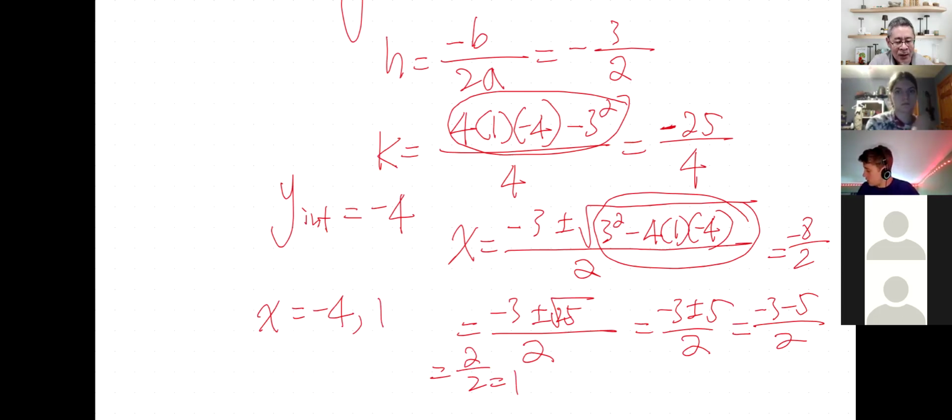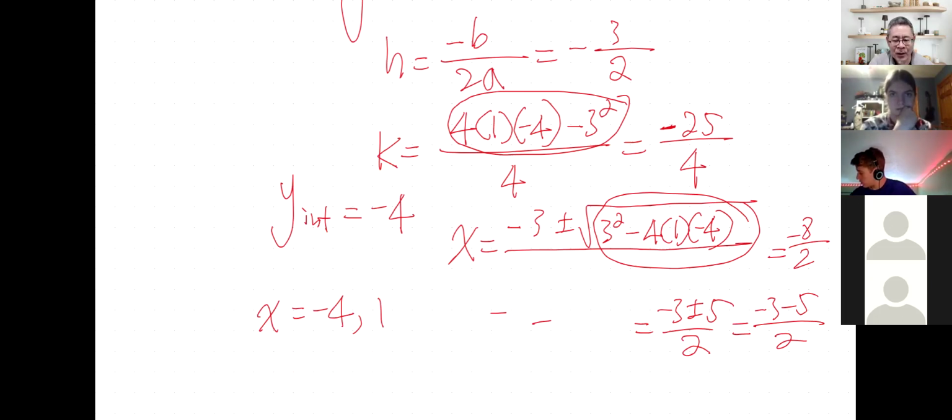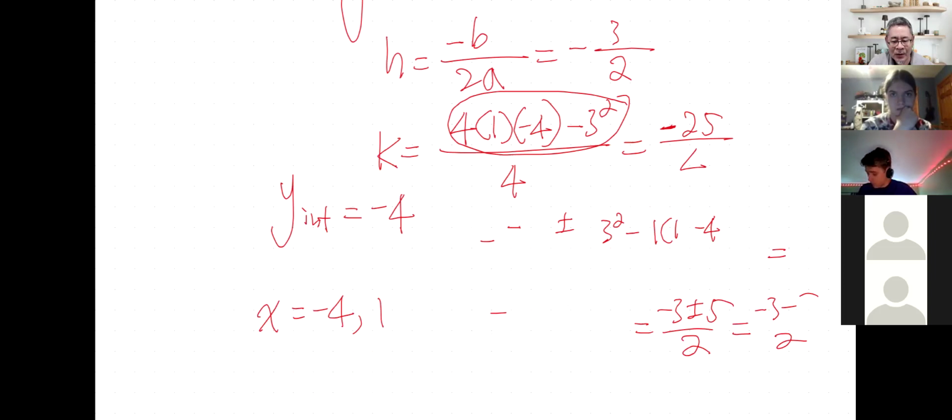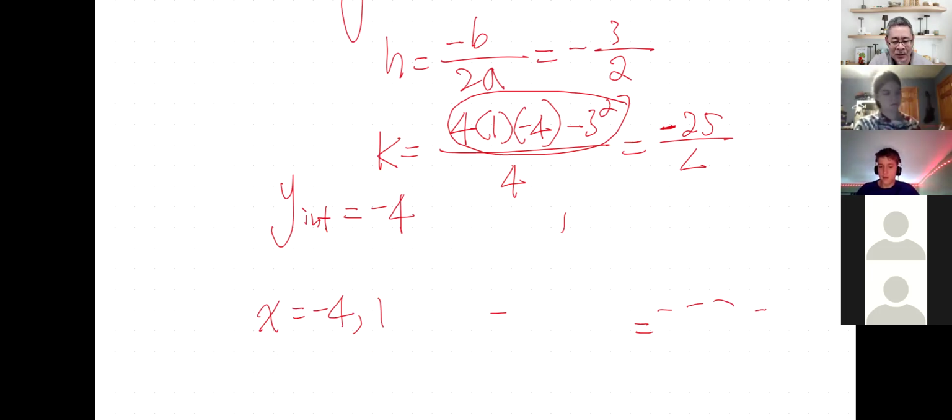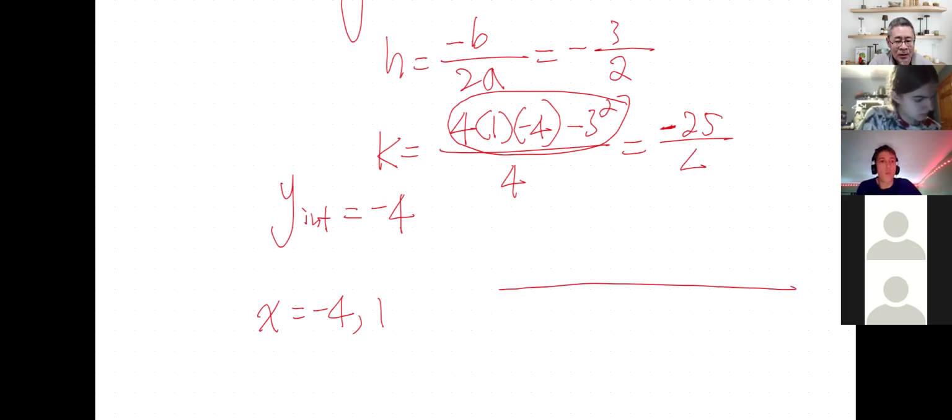And so if you want to graph it, what we have is this. This is 1 and this is 2.